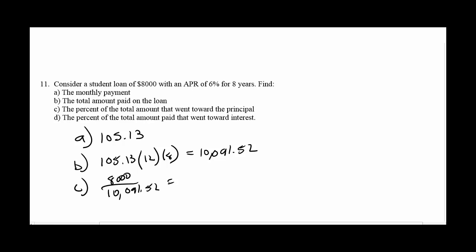And that gets me 0.793. So 79.3% went to the principal, and the interest has got to be the other part of my loan. So I know that that's 1 minus 0.793, because those two parts have to add up to 1.